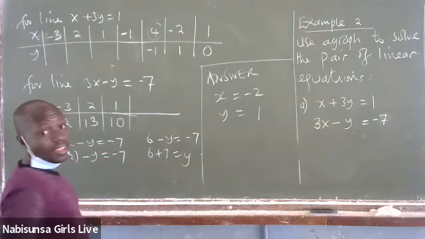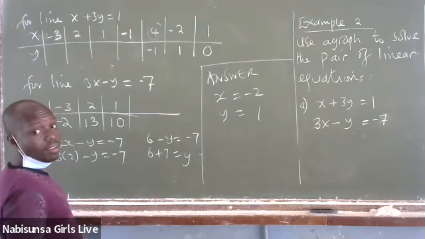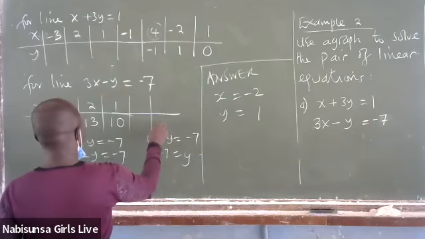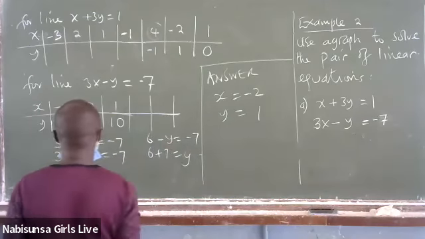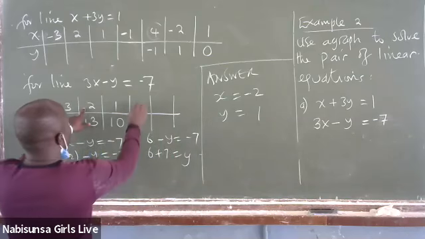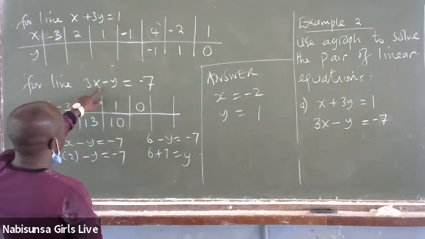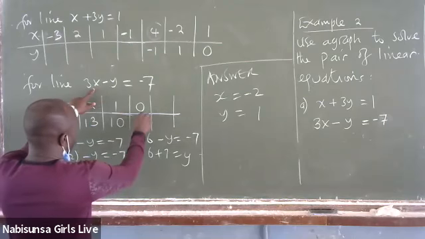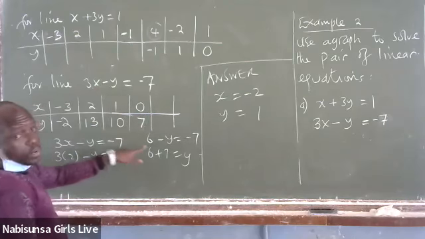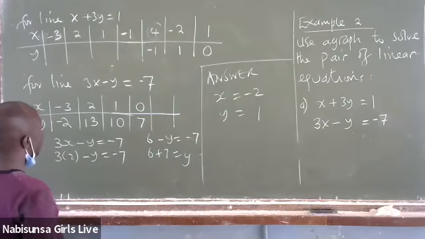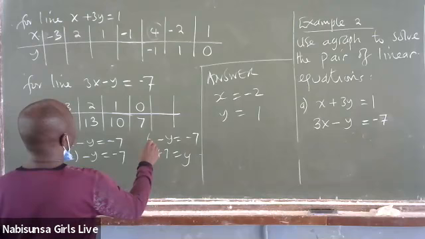Yes, for the second line. Okay, let me give you two. I can use X is 0. When I put X is 0 here, I'll get Y as 7. Stacy, you can confirm. Oh, thank you, teacher.